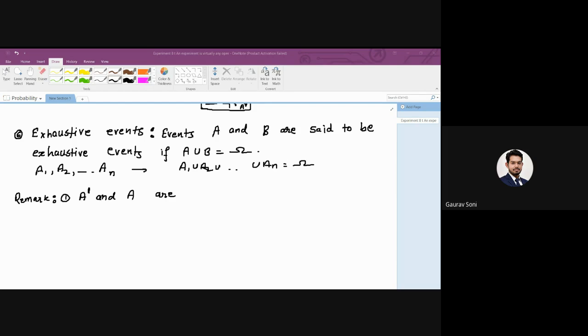Complement. Those are complement, but what type? What can we call them? Mutually exclusive. Mutually exclusive. Impossible event. Oh no, we can call them exhaustive. Yes, those are exhaustive events.